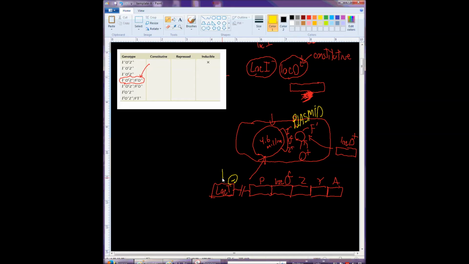So we have a mutant version of LAC-I, the constitutive version of LAC-O over here, and a normal copy of LAC-O on the plasmid. Our goal is to figure out if these genes at the normal location are going to be constitutively expressed, repressed and never expressed, or inducible like the normal situation, where you add lactose and then they're expressed.